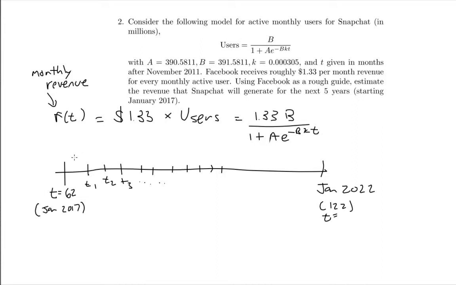We're going to chop these up into equal time intervals. So each of the time intervals is delta t. These little time intervals are all the same size, even though the drawing doesn't look like it.